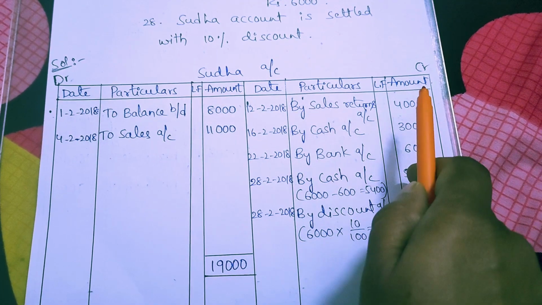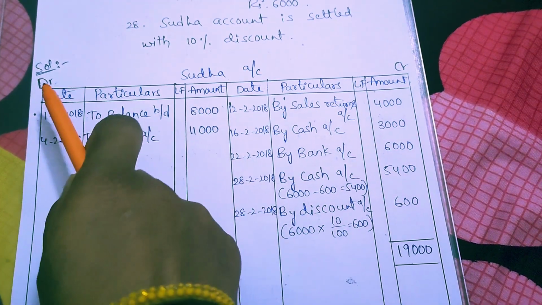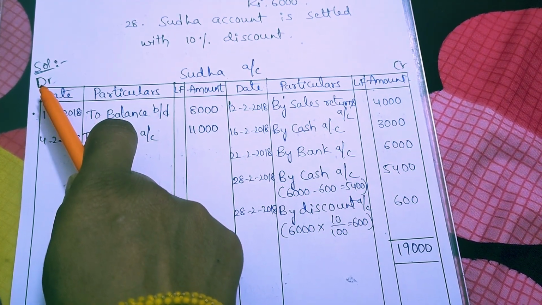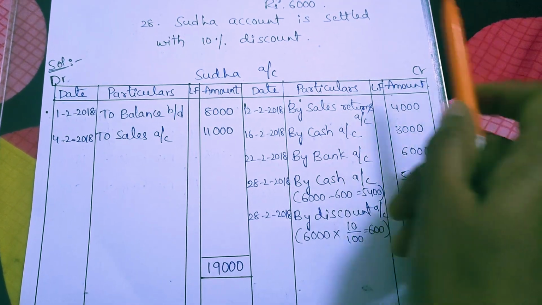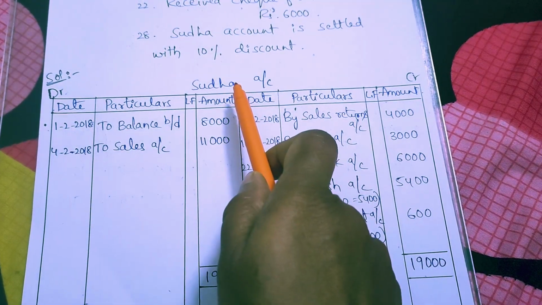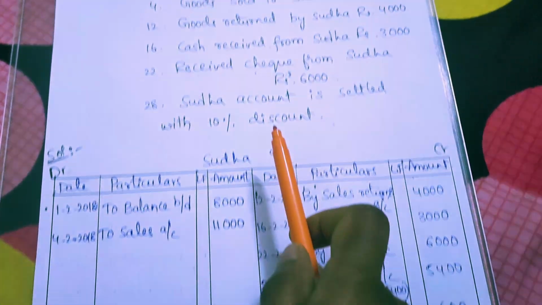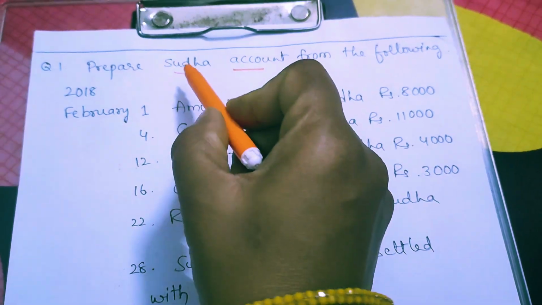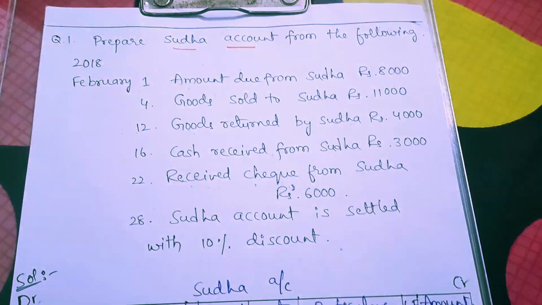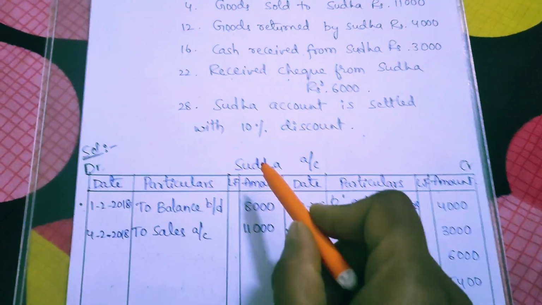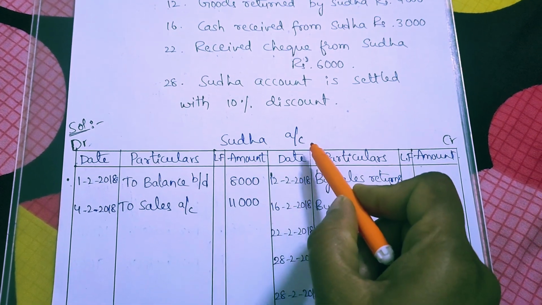You should write DR on the left side on the top and CR on the right side on the top, and the name of the account will be recorded. What account did they ask us to prepare? Sudha account. So we have to write Sudha account on the top. Here I wrote Sudha account.